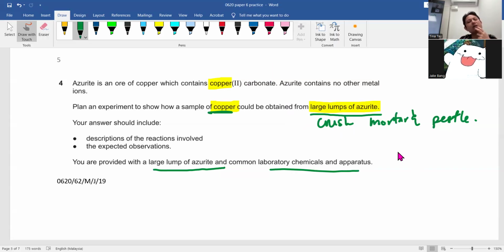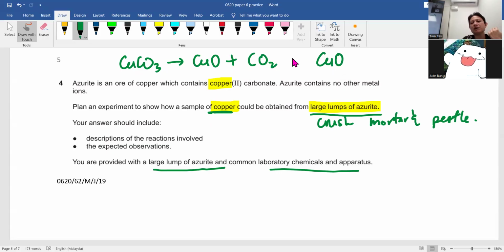After I crush it into powder, if I heat up copper carbonate, I will get copper oxide and carbon dioxide, right? But I still have copper oxide. Can I heat it up with magnesium? Displacement can. I will get copper and magnesium oxide. That's one way.